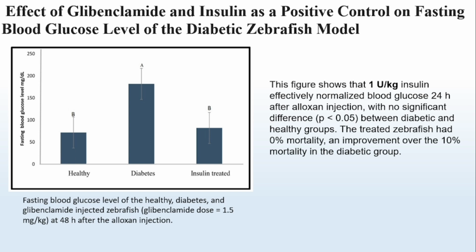So no significant difference was observed in the glucose level between the diabetic group and the healthy group, and the mortality rate of the treated zebrafish was 0%, indicating an improvement compared to the diabetic group with the mortality rate of 10% due to the alloxan injection.